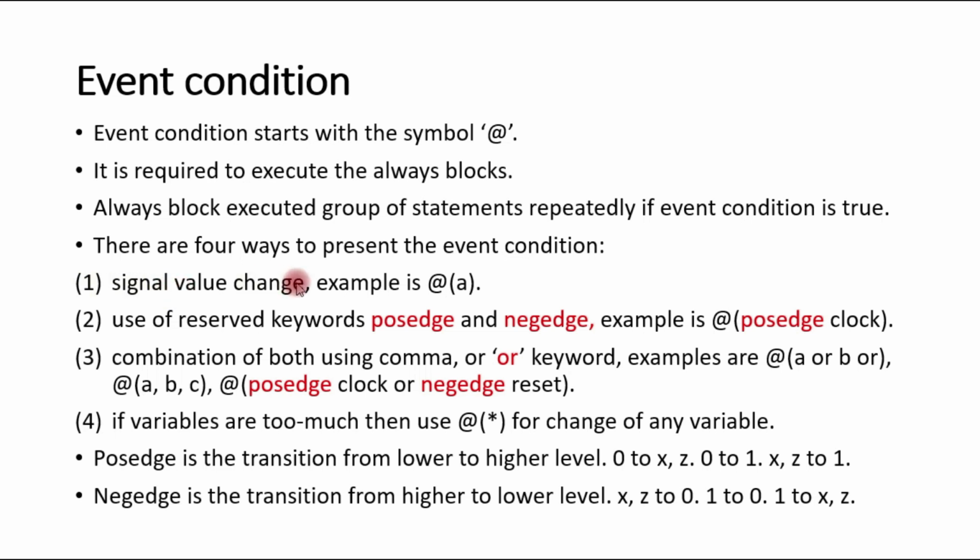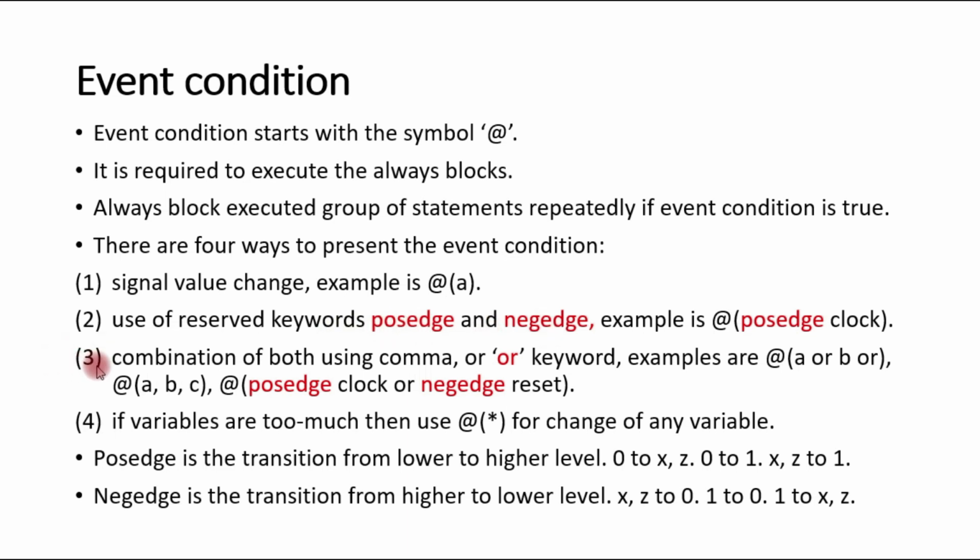It means in a program when there are number of variables and one variable affects the sequential statements, then we simply use that variable. In the second way, we can use the reserved keywords available in the Verilog HDL, and these reserved keywords are positive edge and negative edge.